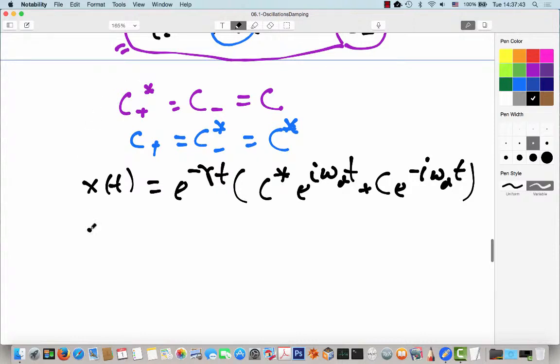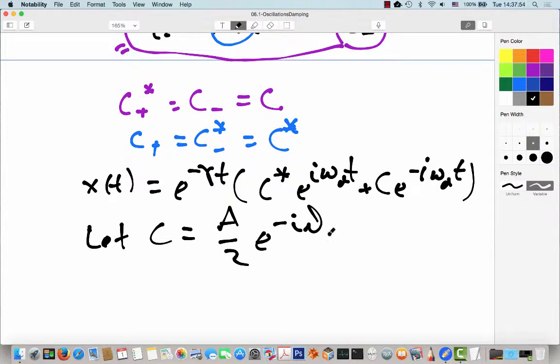I can let my C equal some real a over 2 times e to the minus i theta naught. So by doing that, I've just taken a real number and multiplied it by e to the minus i theta naught. That will give me any complex number I like with suitable choice of a and theta naught. Okay.